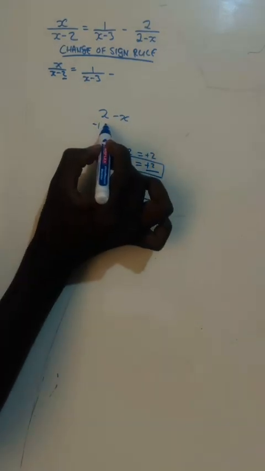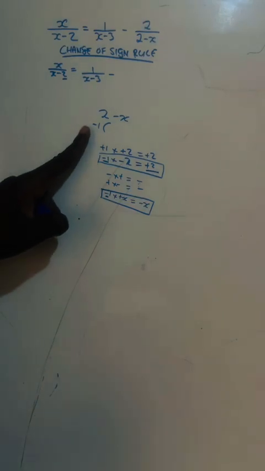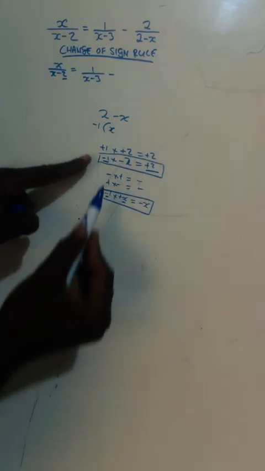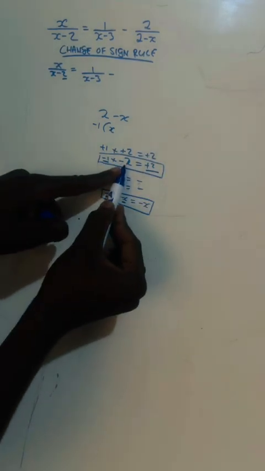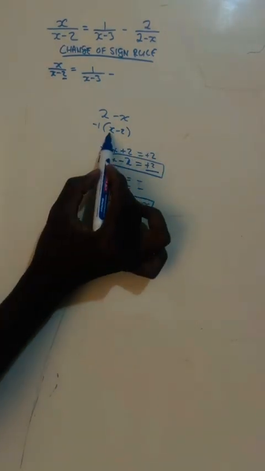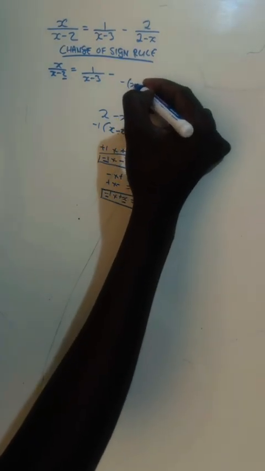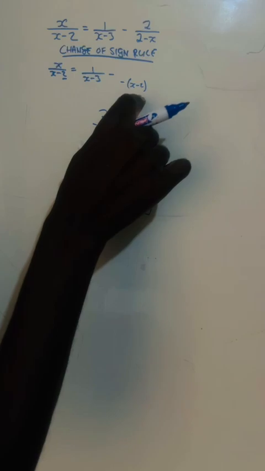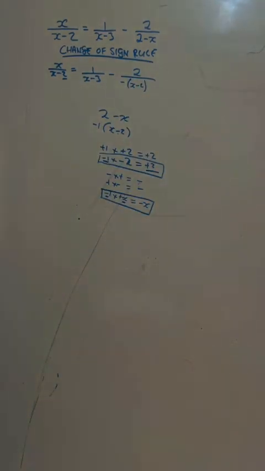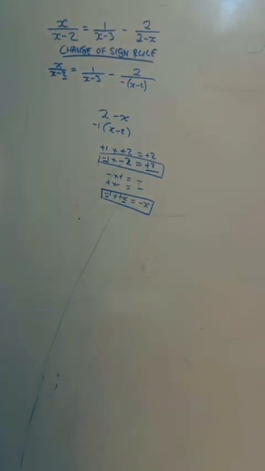Once we have factored out negative 1, we are left with a positive x, which is this x, and we are left with negative 2. And voila, if you check, we've got x minus 2. So we write a negative outside, and we write the x minus 2 like this. This is our denominator, and our numerator is still a positive 2. Basically, this is how the change of sign rule works.